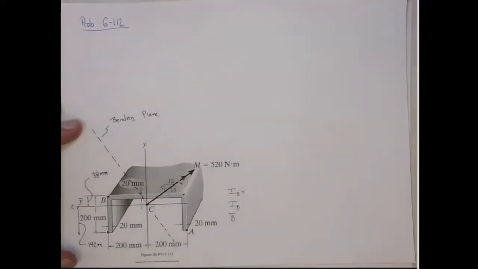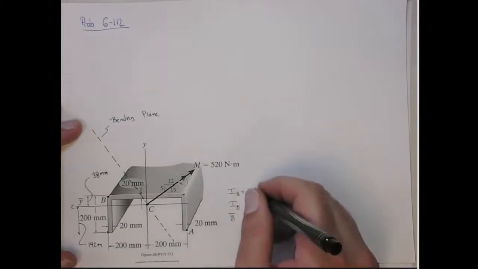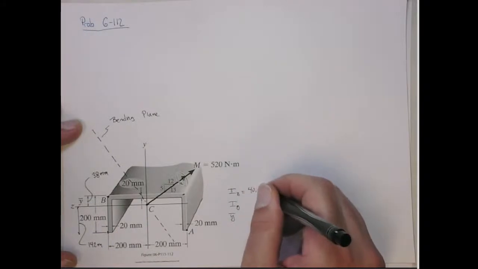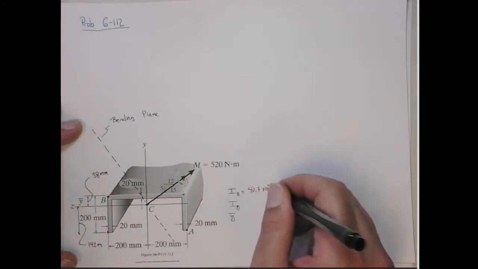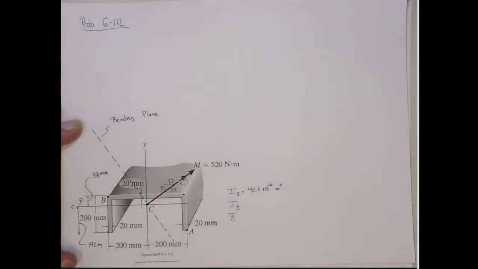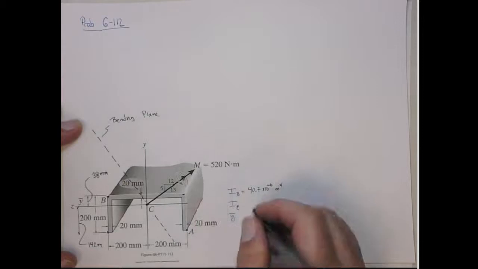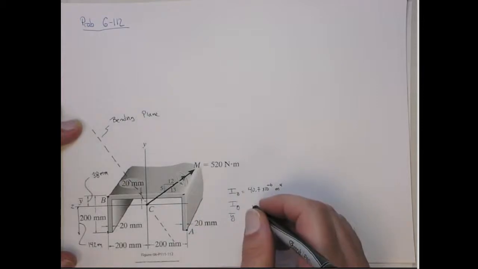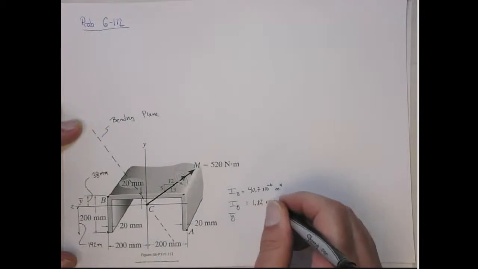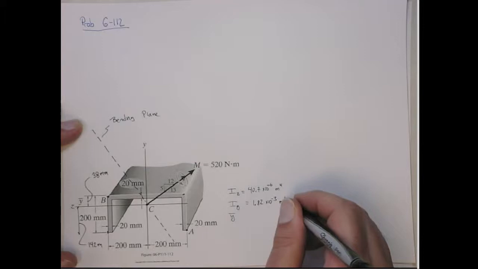All right. The I about the z-axis turned out to be 40.7 times 10 to the minus 6 meters to the fourth. And the I about the y-axis is 1.82 times 10 to the minus third meters to the fourth.